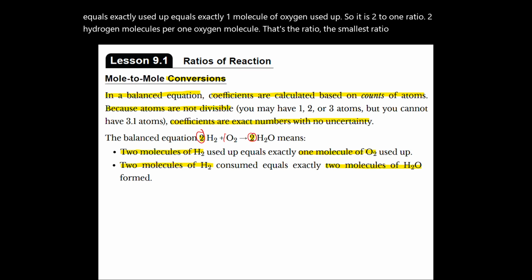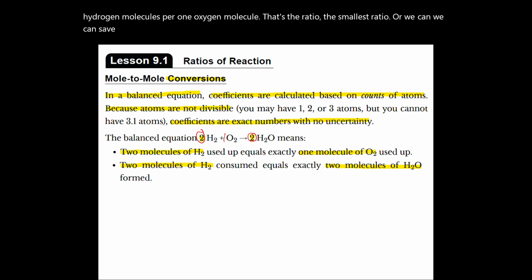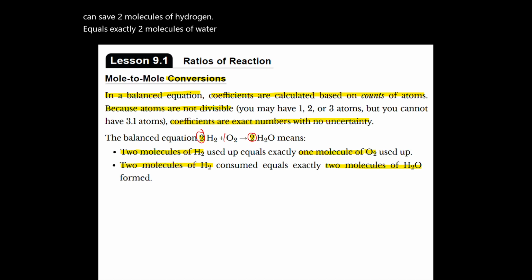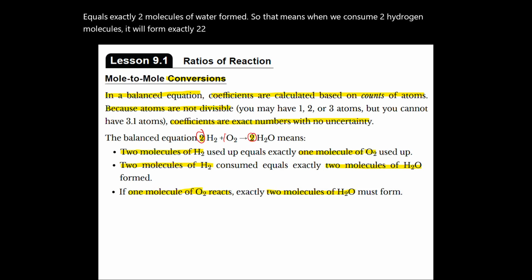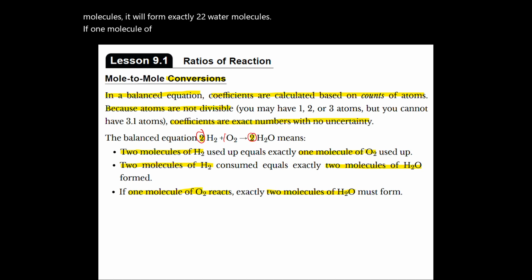Or we can say 2 molecules of hydrogen consumed equals exactly 2 molecules of water formed. When we consume 2 hydrogen molecules, it will form exactly 2 water molecules. If 1 molecule of oxygen reacts, exactly 2 molecules of water must form.